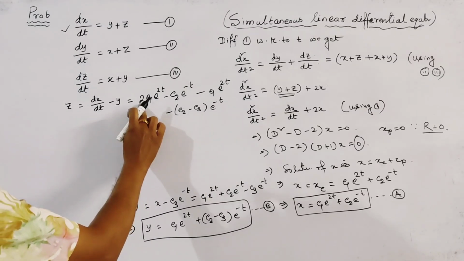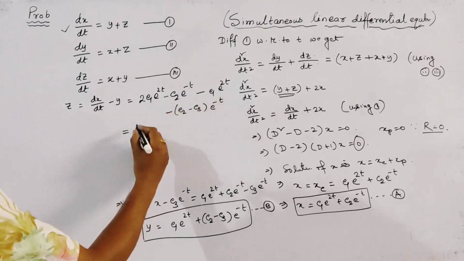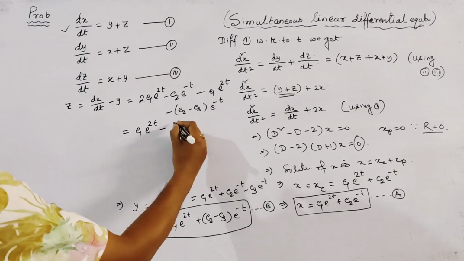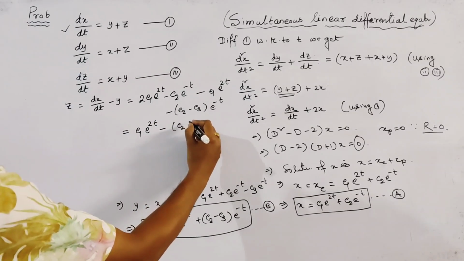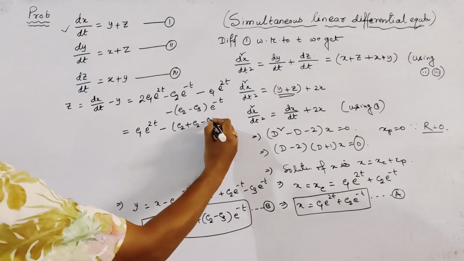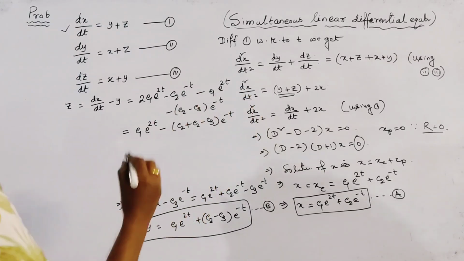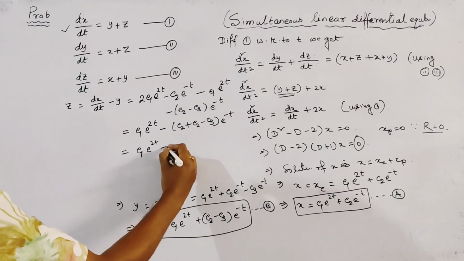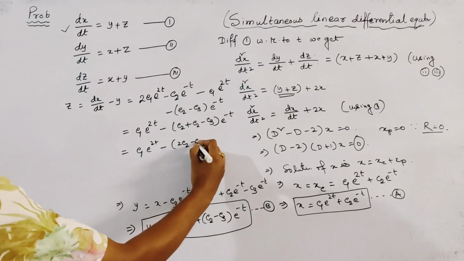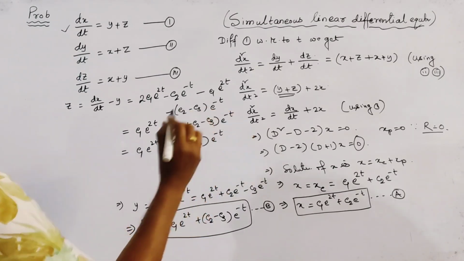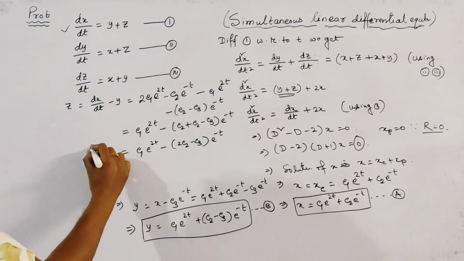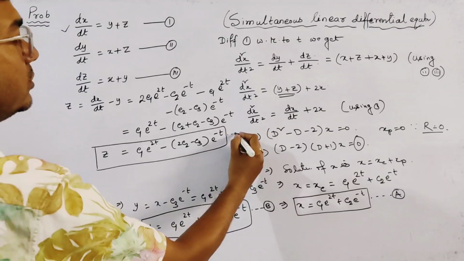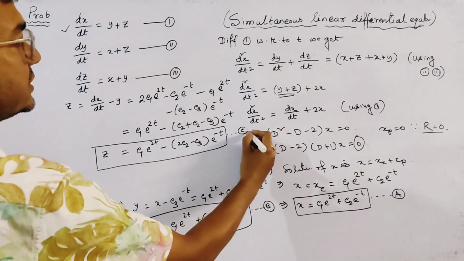Calculating, we get 2c1 minus c1, so c1 e^(2t), minus (c2 plus c2 minus c3) e^(-t), giving z equal to c1 e^(2t) minus (2c2 minus c3) e^(-t). This is the value of z, the last relation, and this is C.